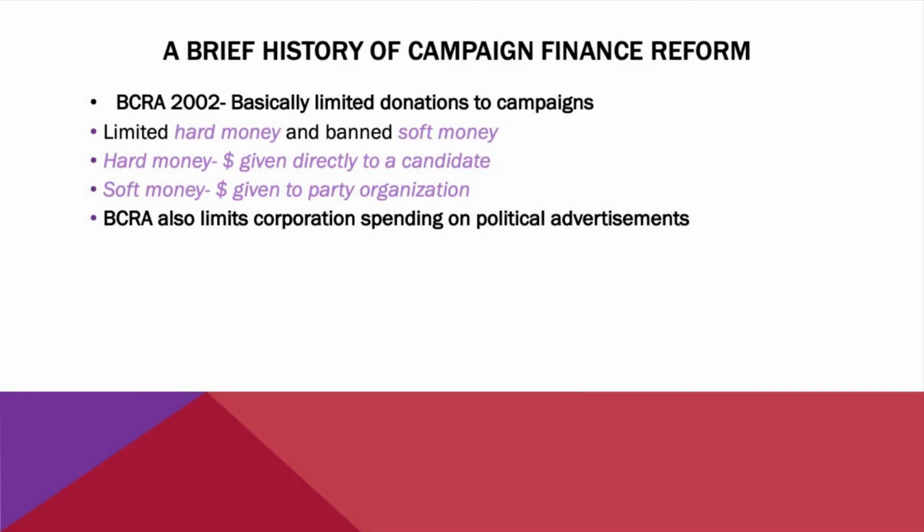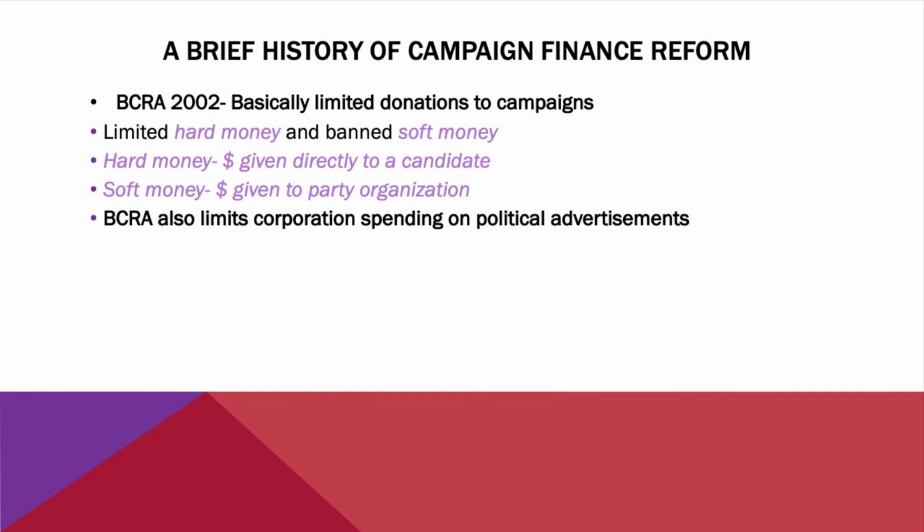The Bipartisan Campaign Reform Act, or BCRA, marks the most recent piece of major legislation geared toward limiting spending by candidates and advocacy groups to influence elections. Introduced by Republican Senator John McCain and Democratic Senator Russell Feingold in 2002, the act faced considerable opposition from lawmakers, interest groups, and citizens who saw it as a violation of the First Amendment right to free speech.